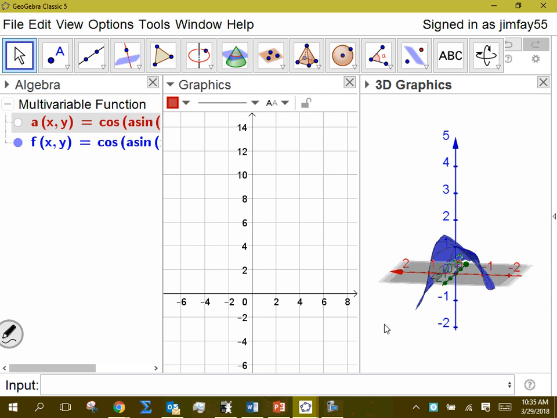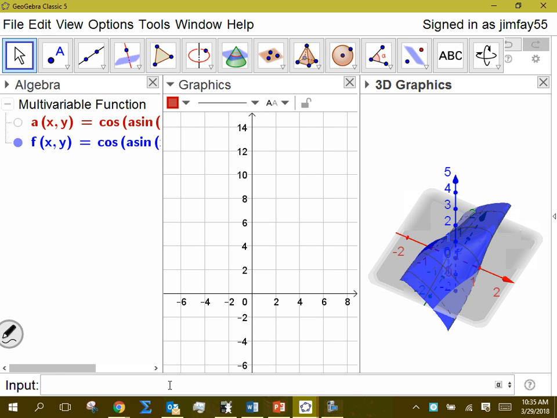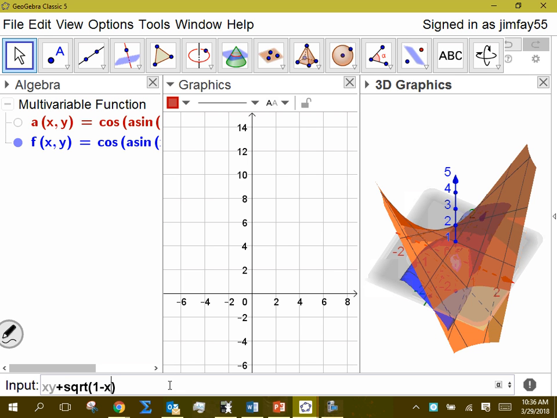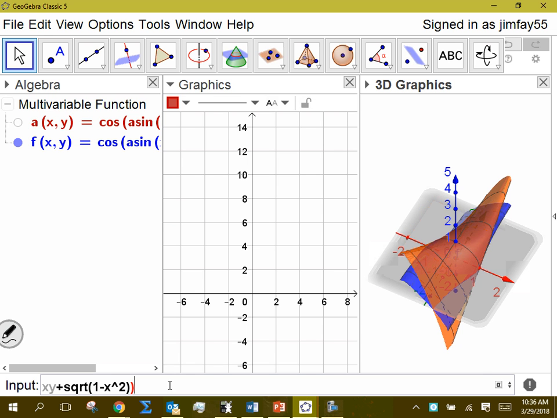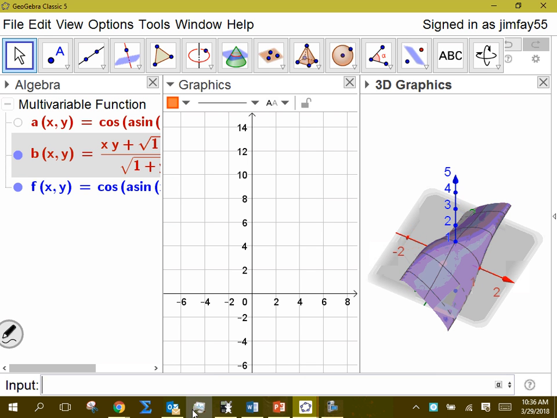So we're getting that curvature, okay, and then when we type in xy plus the square root of 1 minus x squared, all of that divided by the square root of 1 plus y squared, we see that the purple one, the red one, and the blue one are on top of each other.